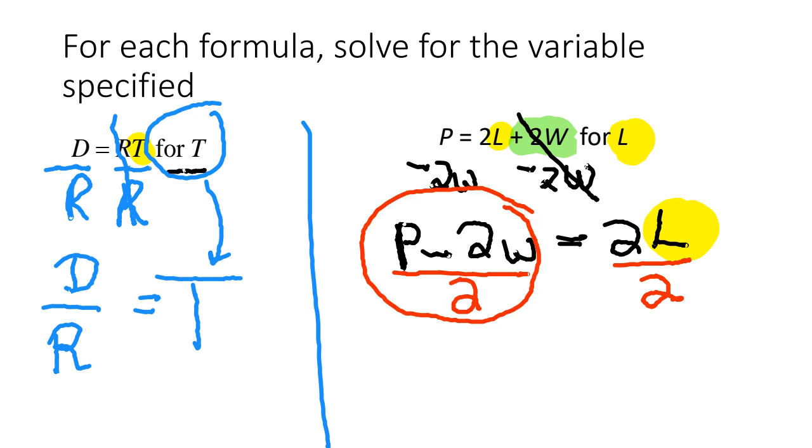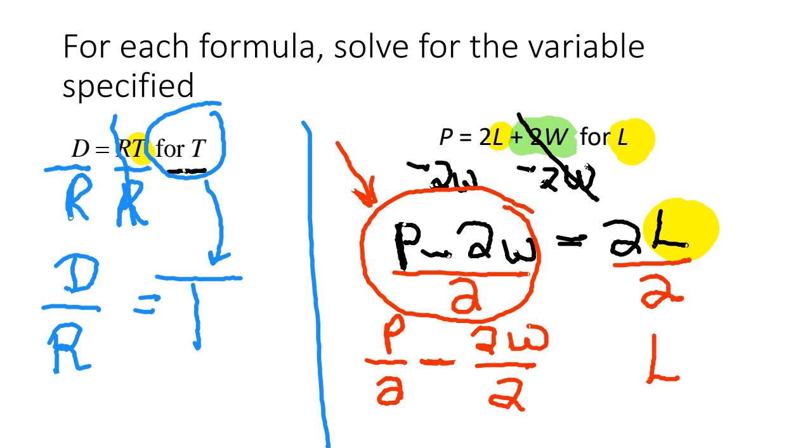Now, this is one way to write the answer. P minus 2W in the numerator. But also, you have to recognize that what's circled in red is 2 fractions. This can be P over 2 minus 2W divided by 2 is equal to L. But one thing that you've got to watch, because I have 2 fractions, this 2 and this 2 can be reduced, okay?